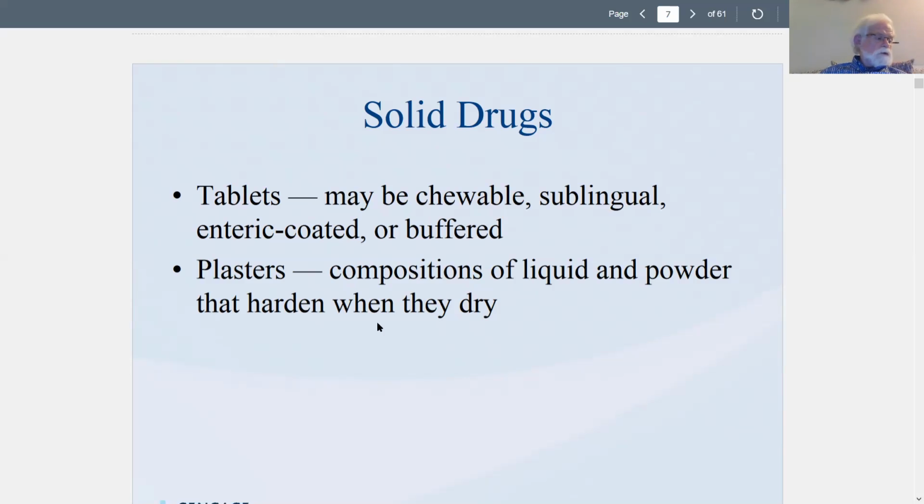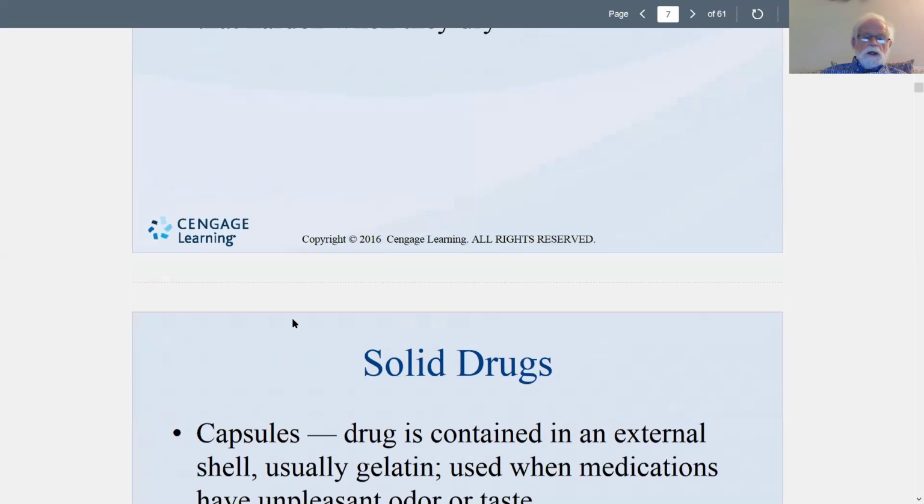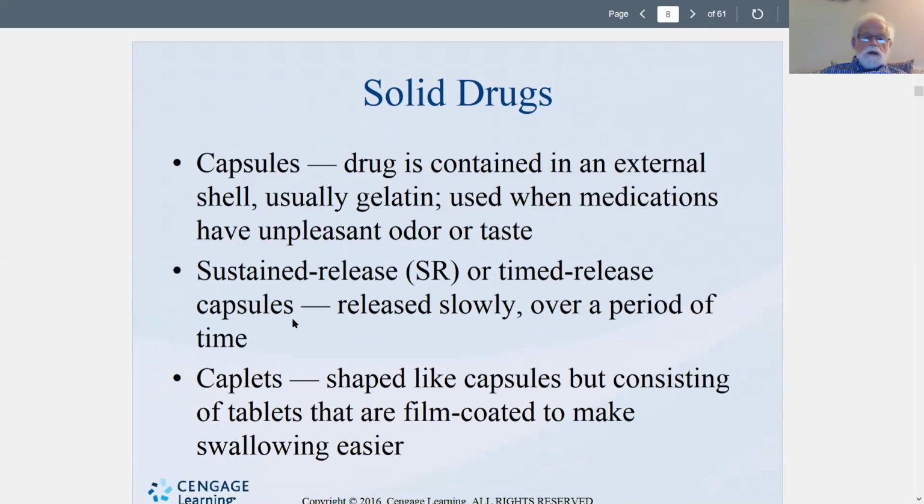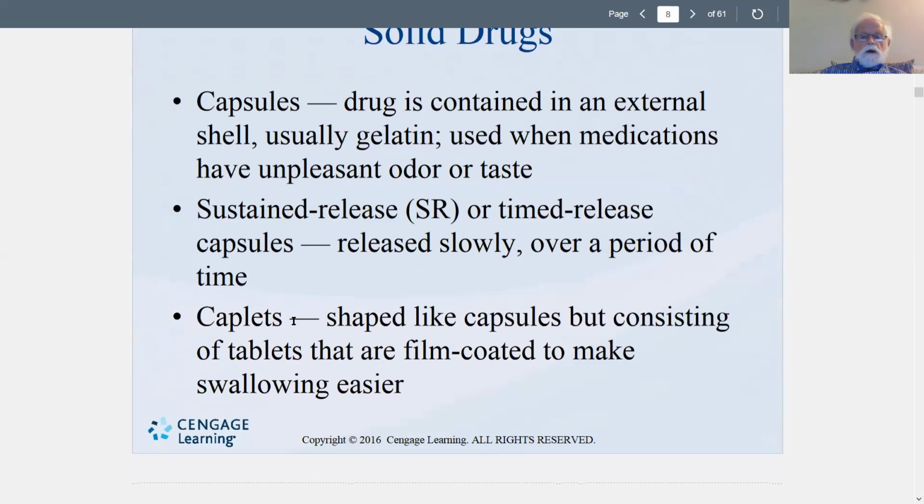Plasters, these are an old form where you take liquid and powder and put them on and let them dry like cement. Capsules are common. They're usually gelatin. They're often used with medications that have an unpleasant odor or taste, and they're often used when we want the drug to be powdered when it's released in the stomach.